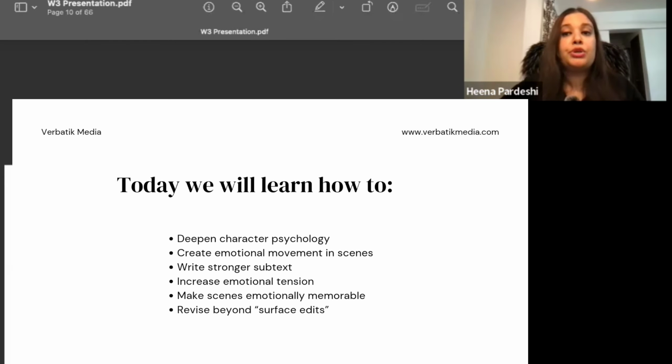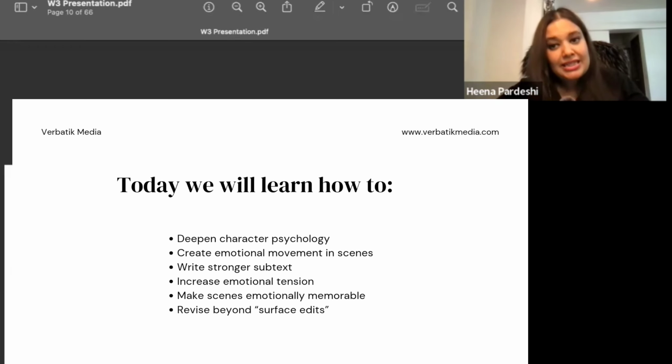So today's workshop is going to be extremely practical. We are not just going to discuss theory, we are going to actively diagnose why characters feel flat, why scenes feel emotionally empty, why dialogue feels too literal at times, and why emotional moments don't land. And then we'll revise them together.